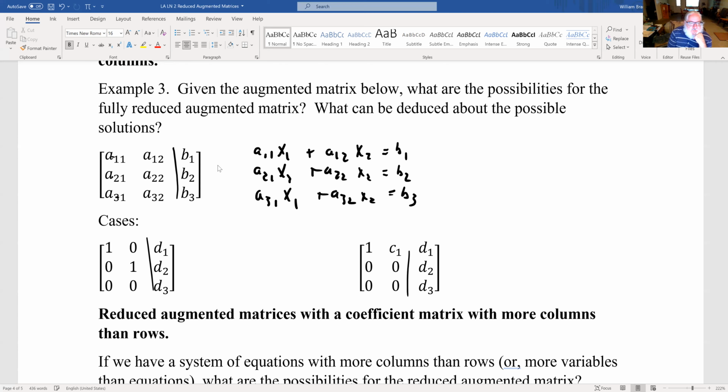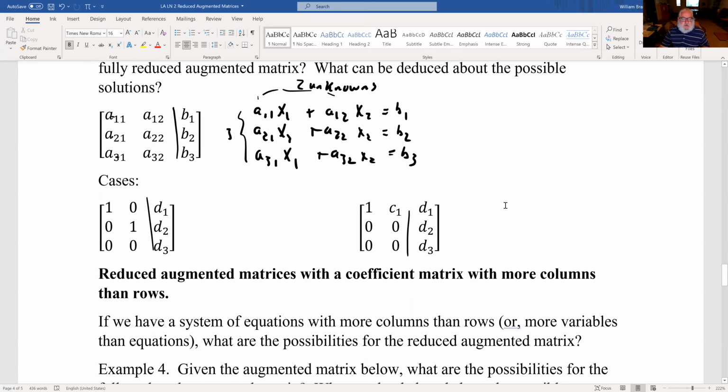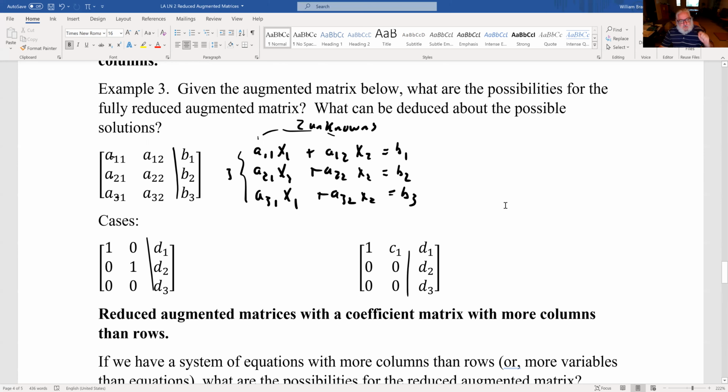So I've got 3 equations, 2 unknowns. Generally, we won't have any solutions because we've got too many constraints and not enough variables.